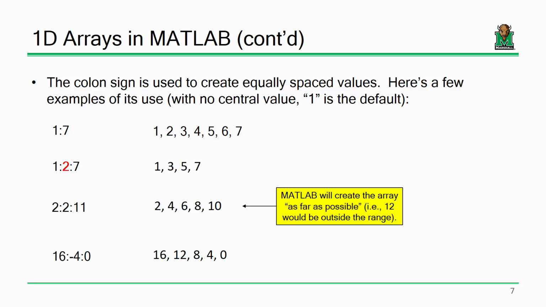So that means that the array will be 16, 12, 8, 4, 0. All right. So pattern detection is fun, right? That's how you define these lengthy arrays without keying them in manually: you use these colons, the central value tells you the spacing, and the beginning and the end tell you the bounds of the array.